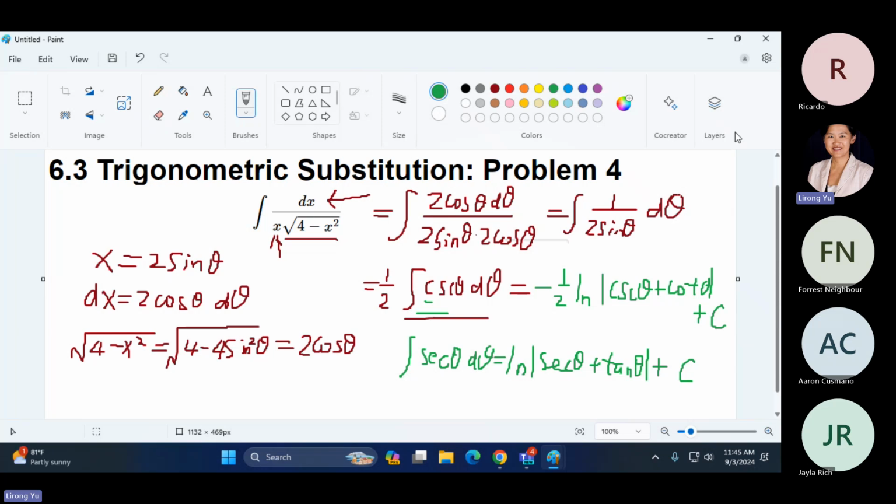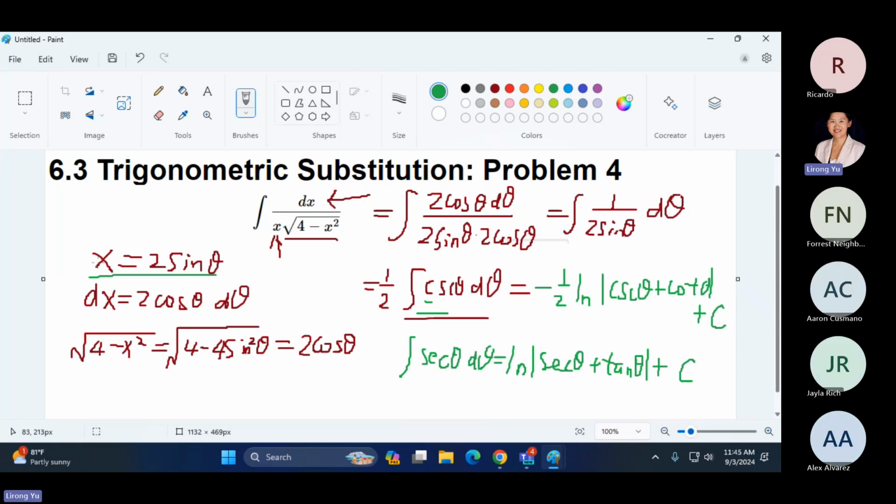So we go back to the original identification of your substitution. From x equal to, you can see sine theta is equal to x over 2. So you grab a triangle. If this is your theta, sine theta is opposite over hypotenuse. So x is opposite, 2 is the hypotenuse.